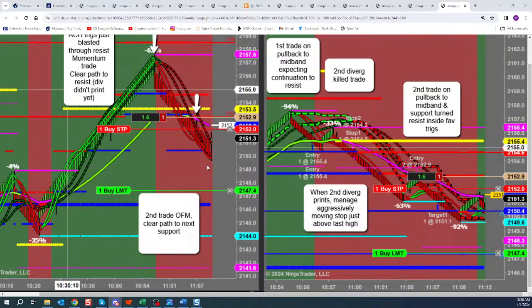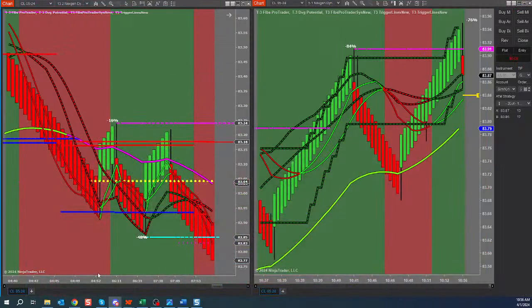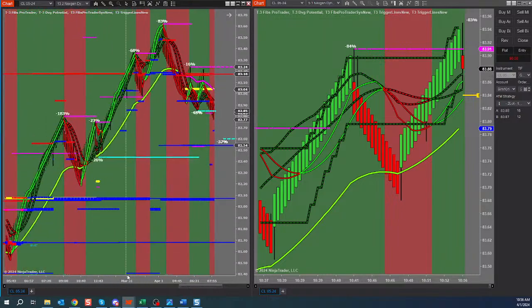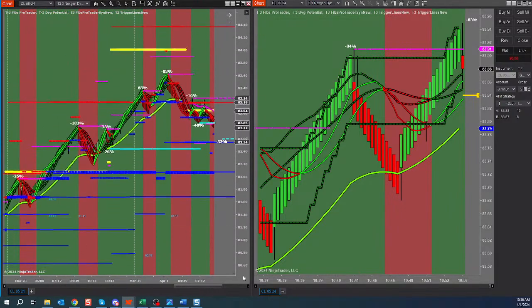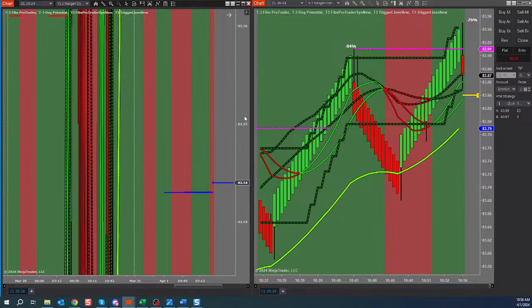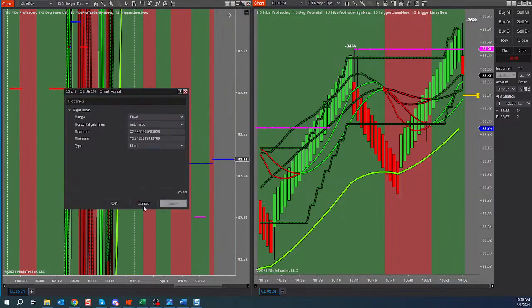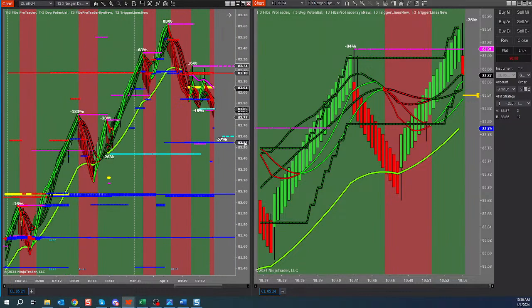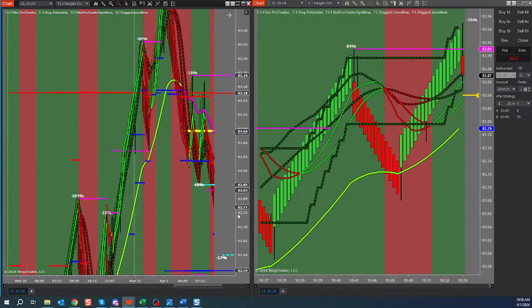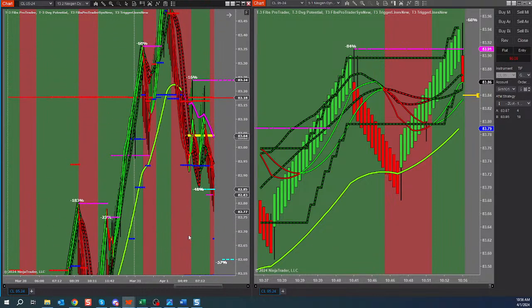And then the angel on your shoulder is saying, but Pedro, it's weak triggers and 2 divergences. Slope has nothing to do with it. Check this out. That is some vertical triggers, right? Holy smokes, look at the slope.